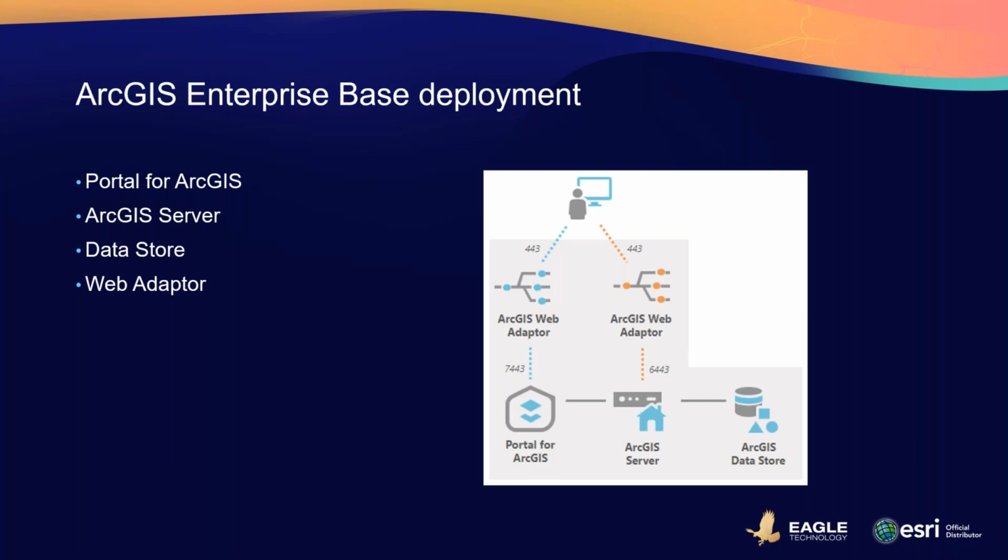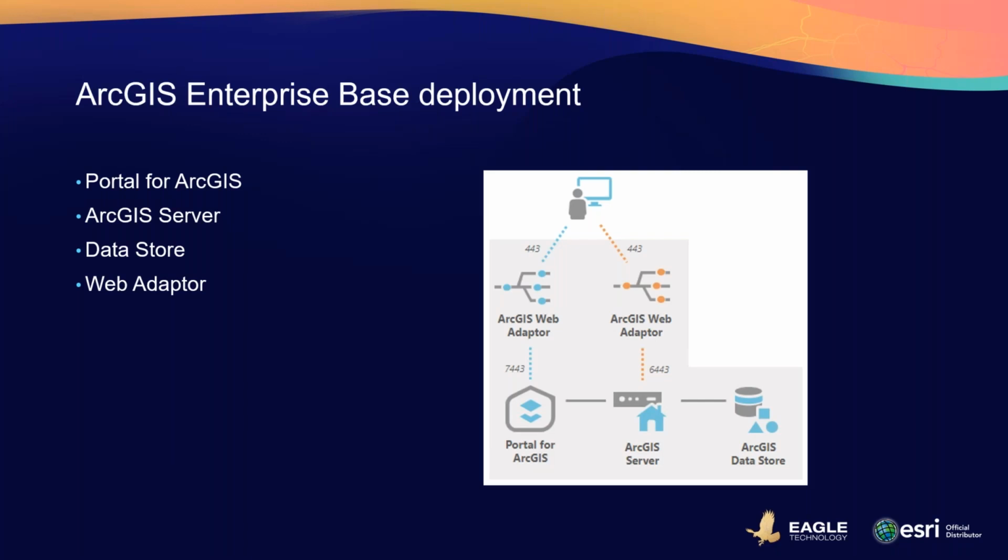Then you have ArcGIS Server. ArcGIS Server is the powerhouse behind Enterprise. It does all the heavy lifting when completing analysis. But it can also be configured to have more capabilities.